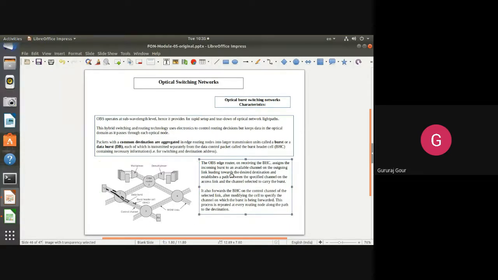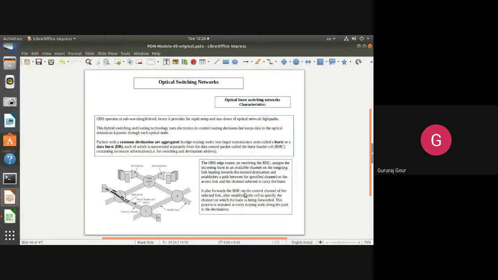The operation can be explained in two steps. The OBS edge router at the receiver side, when it receives this BHC, that is a burst header cell, assigns the incoming burst to the available channel on the outgoing link, if it is available, which leads to the desired destination and establishes the path between them.